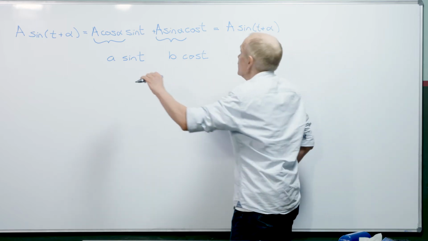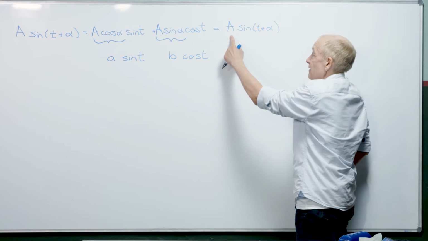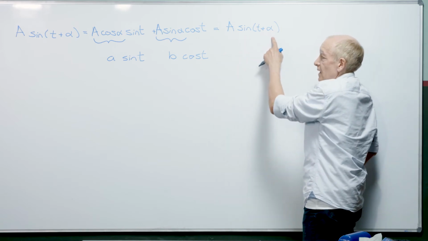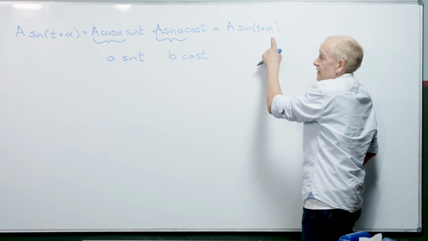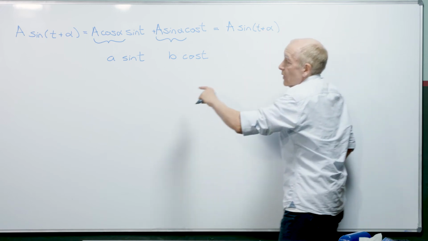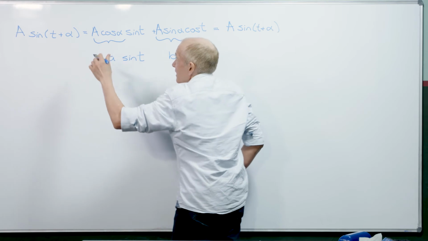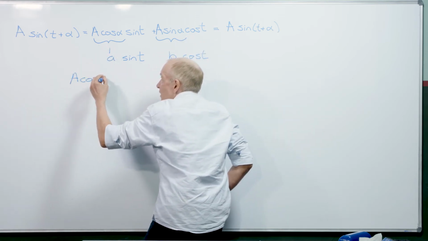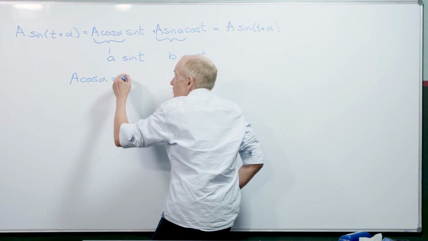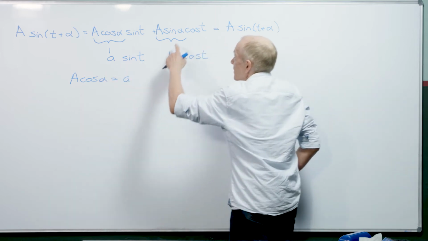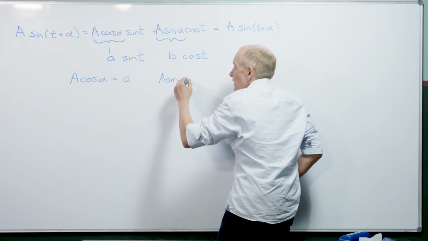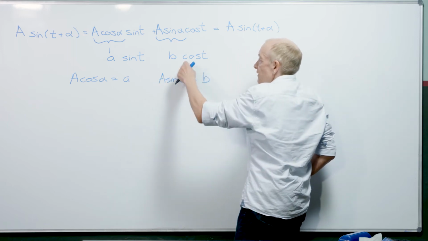So the question is, how do we find A, the amplitude of this sine function, and how do we find alpha, the horizontal shift of this sine function? From up here, we know that A cos alpha is equal to the thing in front of the sine. We also know that A sine alpha is equal to the thing in front of the cos.